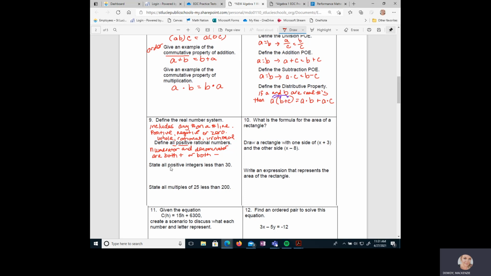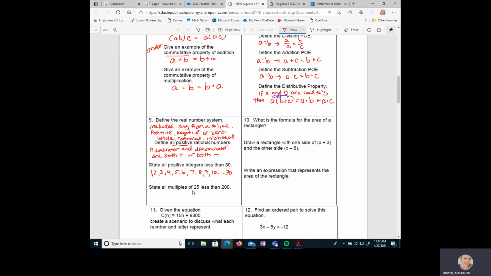All positive integers less than 30: 1, 2, 3, 4, 5, 6, 7, 8, 9, 10, every single number through 30.